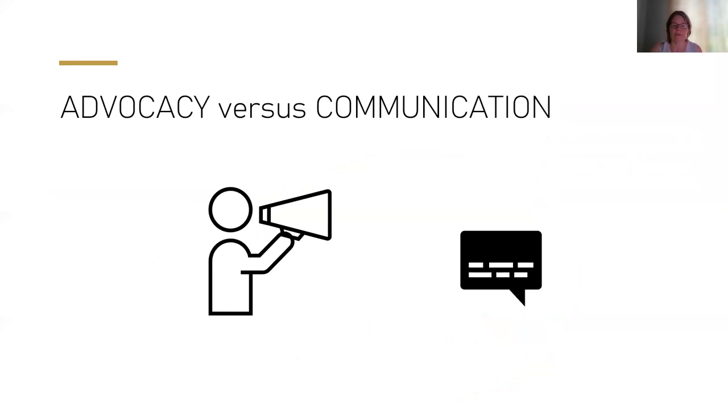So in terms of advocacy versus communications, what I wanted to say here is to point out that in terms of communications, it's really important to be clear about your message, because that's what people are going to remember. And you also don't want to waste people's time, right? So for advocacy, you need to keep these principles in mind that are good communications principles.